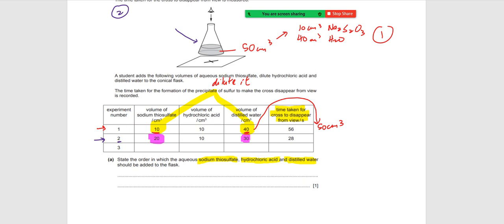Experiment 1, I put 10 centimeter cube of sodium thiosulfate. Experiment 2, I'm putting more. Experiment 1, I put 1 lump of sugar. Experiment 2, I put 2 lumps of sugar. Which one is sweeter? Experiment 2. Experiment 1, I put 1 lump of sugar and 4 cups of water. Experiment 2, I put 2 lumps of sugar and 3 cups of water. Can you understand?